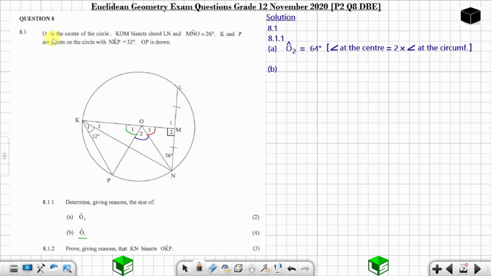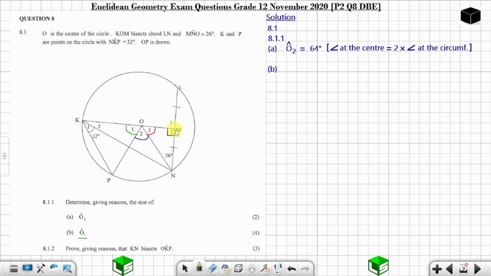Can you see, you have a line from the center. O is the center of the circle. You have a line from the center to the midpoint of a chord. You can see KOM bisects chord LN.